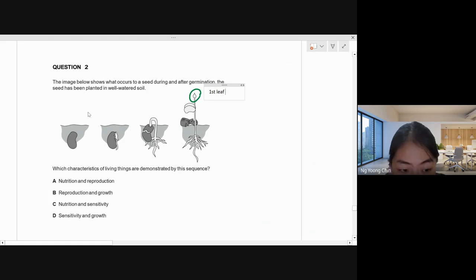Yes, your answer is D, sensitivity and growth. Actually, this answer can be accepted too. But the most correct answer belongs to nutrition and sensitivity.